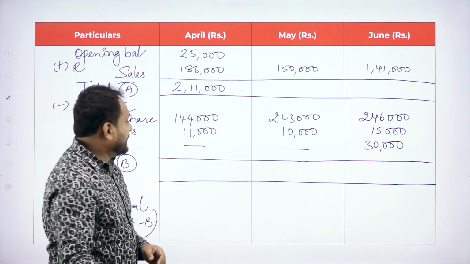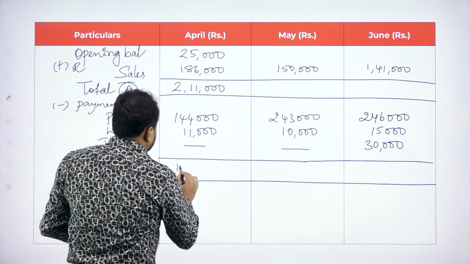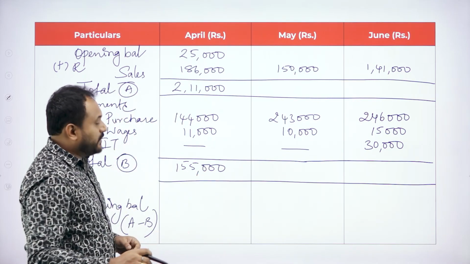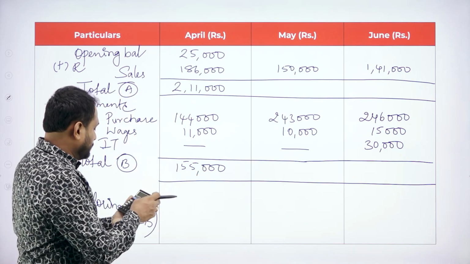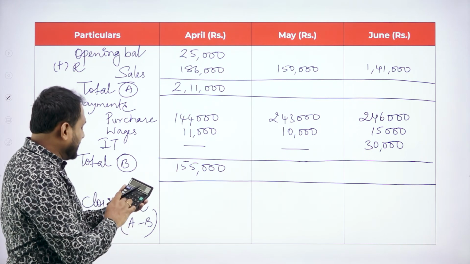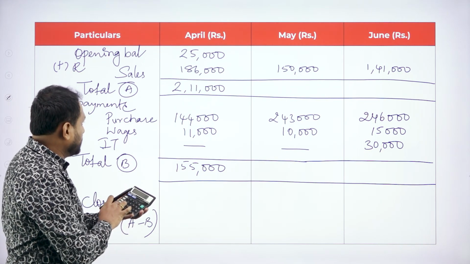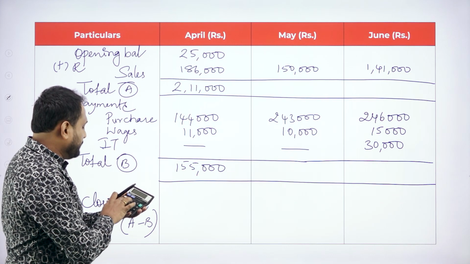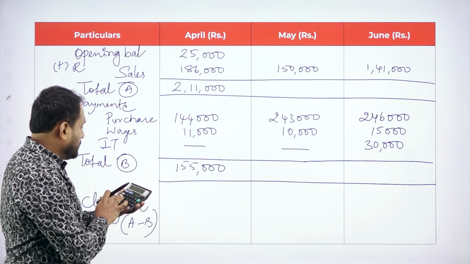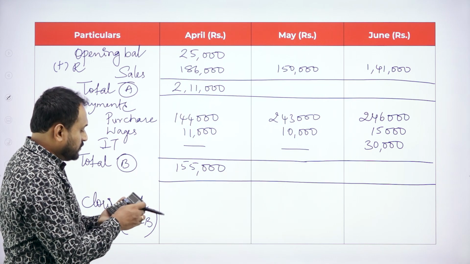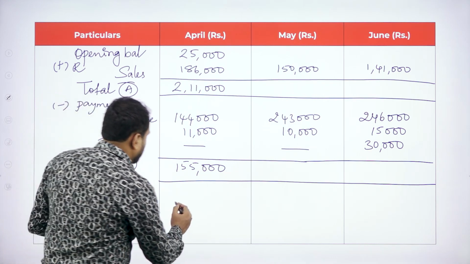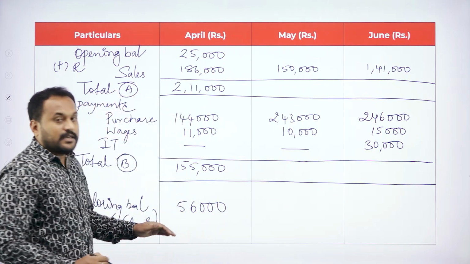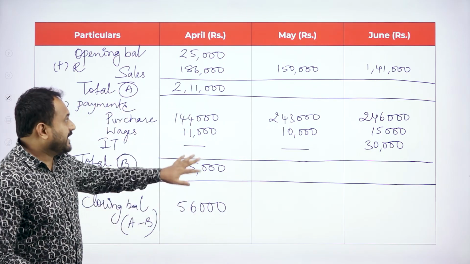Now when we calculate this, we have 155,000. Now let's go with closing balance: 211,000 minus 155,000. So we have here 56,000. So that means 56,000 is our closing balance of April.